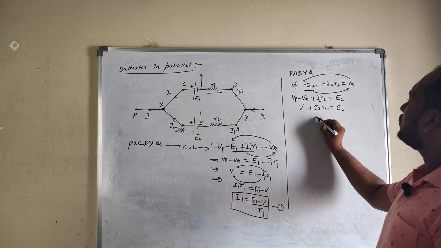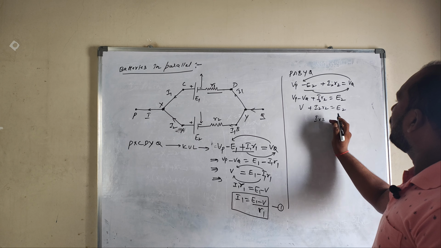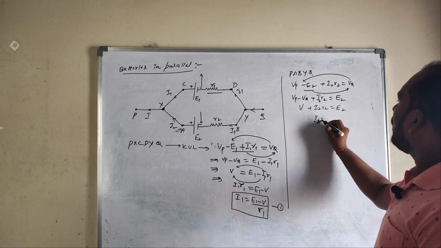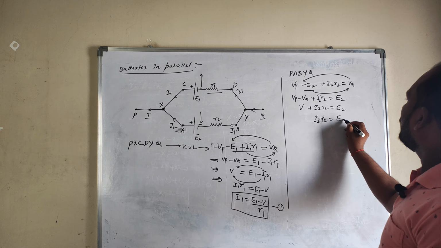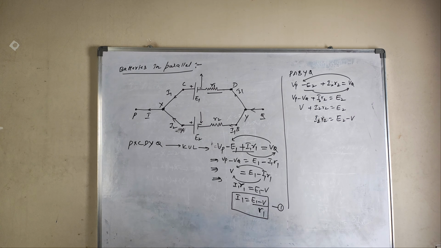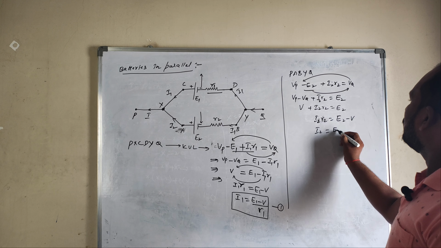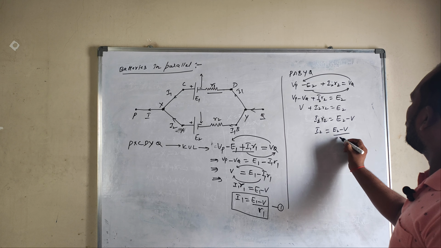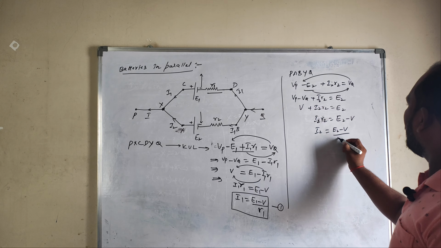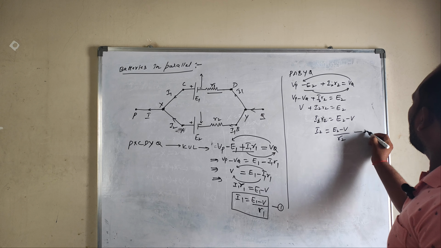Now we want I2 R2, so I2 R2 is equal to V2 minus V. From this, I2 is equal to (V2 minus V) by R2. Call it equation 2.